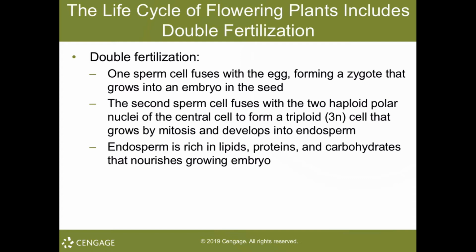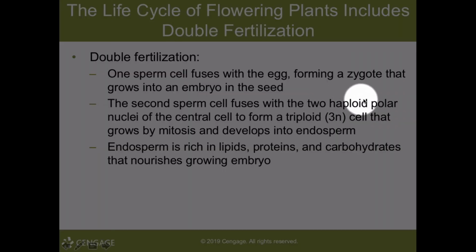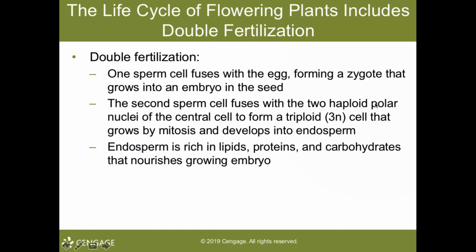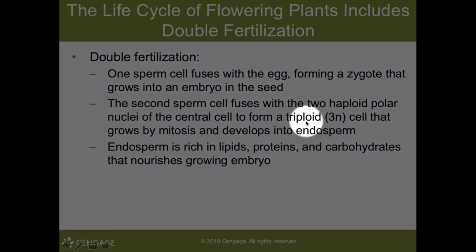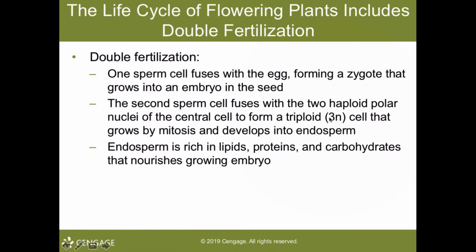The second sperm cell, sperm number 2, will fuse with those 2 haploid polar nuclei. So I think you can find out where I'm going. You have this haploid sperm cell with 2 haploid polar nuclei. N plus N plus N forms that triploid endosperm, meaning that triploid cell, by way of those mitotic divisions, is what develops into the endosperm.